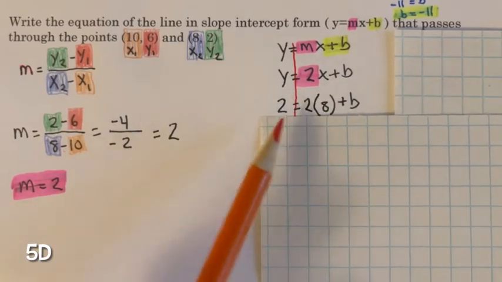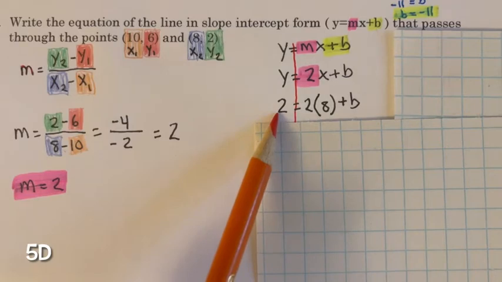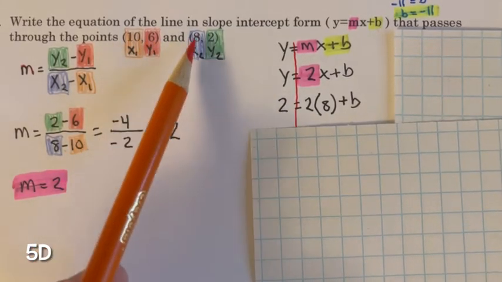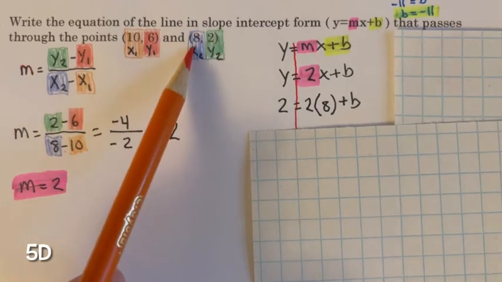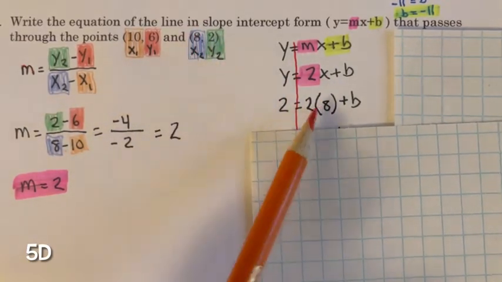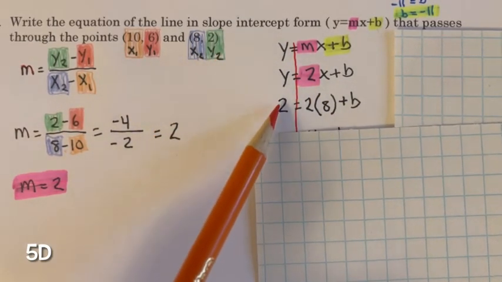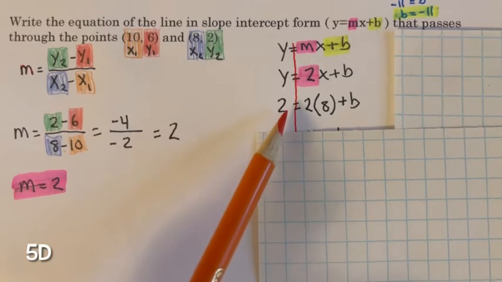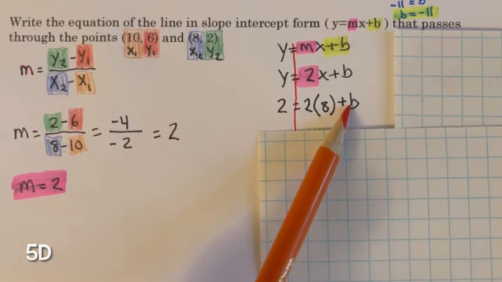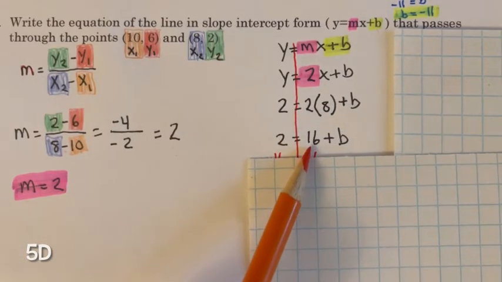And I'm going to go ahead and choose 8 and 2. I could have chosen 10 and 6, but I chose this coordinate. So 8 and 2. So x equals 8 and y equals 2. So now I'm going to go ahead and solve for the b, the y-intercept. 2 multiplied by 8 is 16.